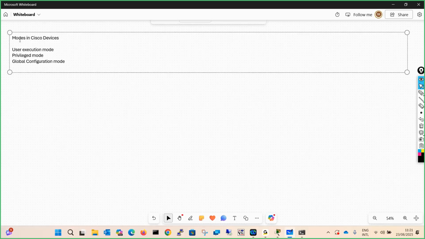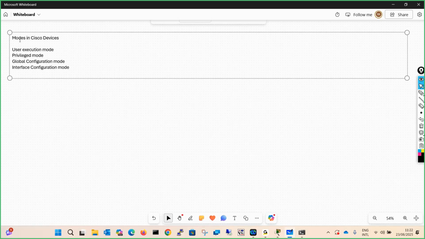Then there is something called interface configuration mode, and there is something called ROMMON mode. Let's understand these one by one. What are these modes? We will understand one by one.